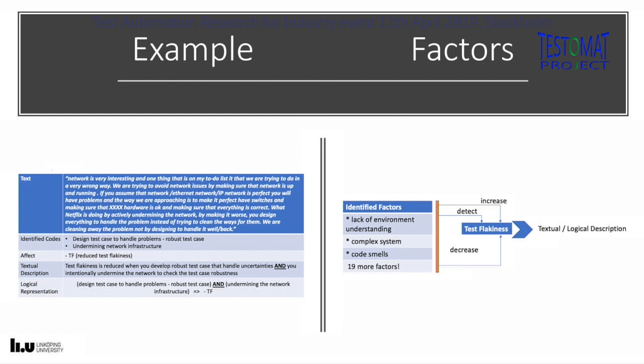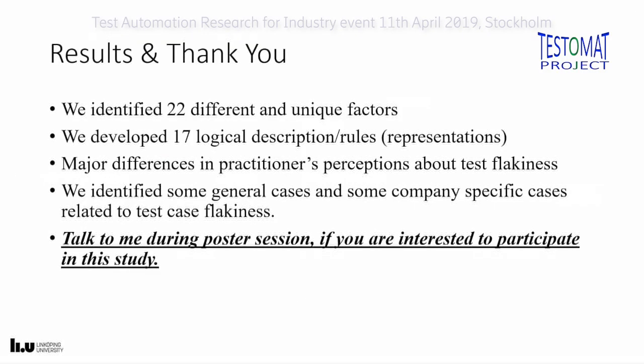And how did we get these factors? We interviewed, we identified the code and the effect, and then we made a textual description. We have identified 22 unique factors, but these factors are not related to the code, like thread.sleep or resource optimization.